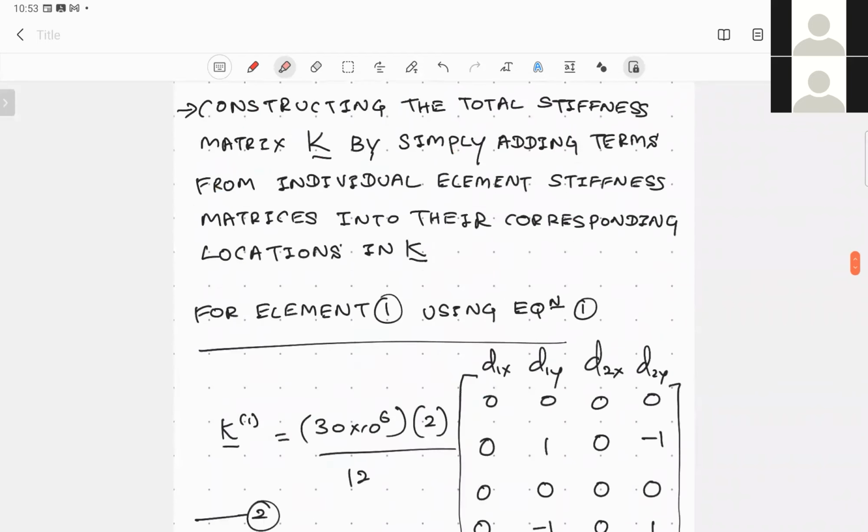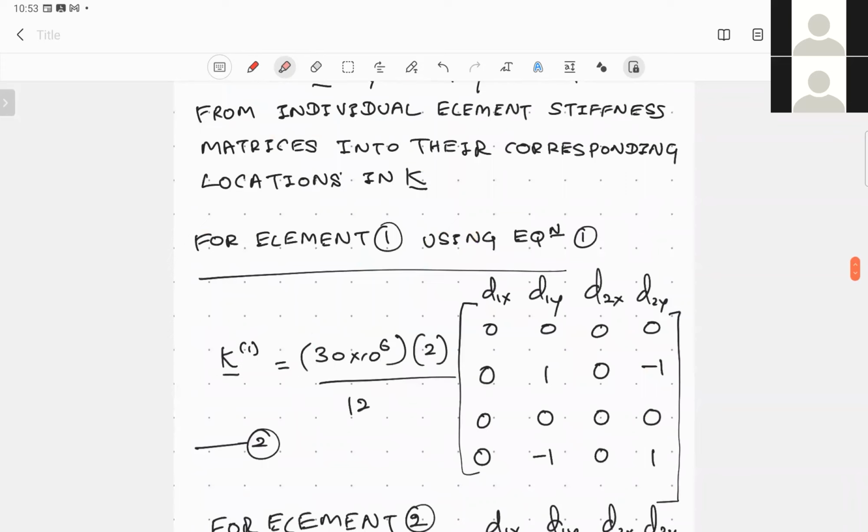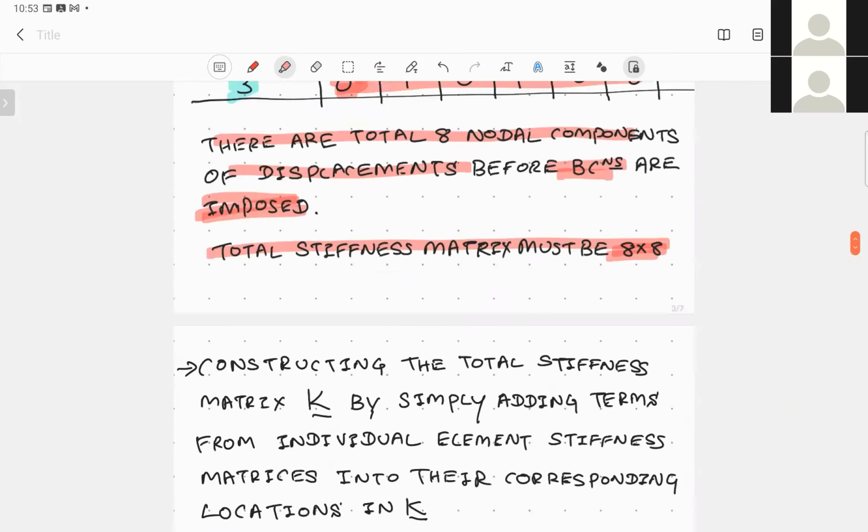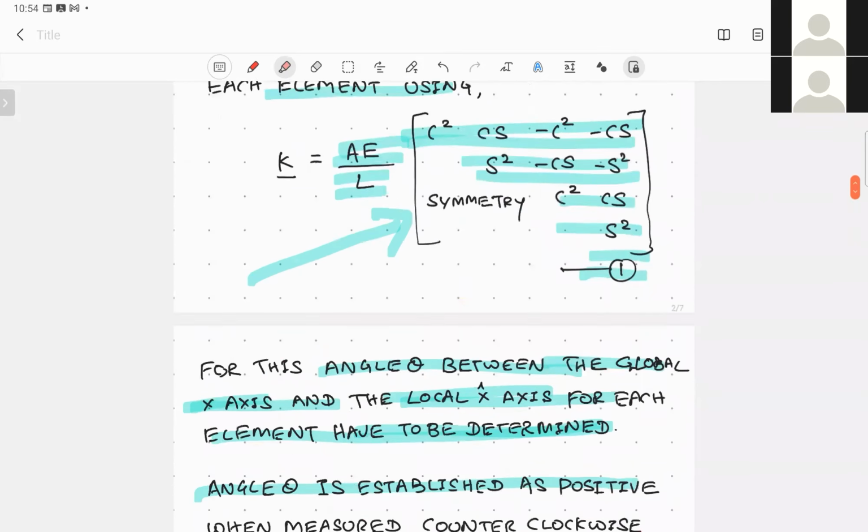Keeping that in mind, for element 1, you can use equation number 1.